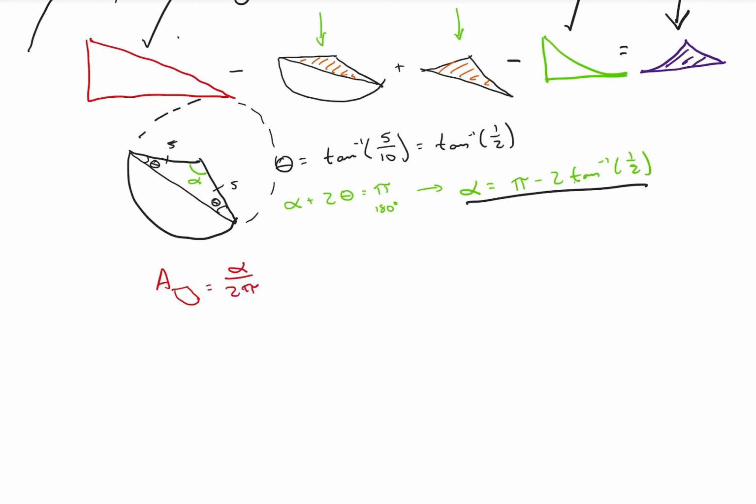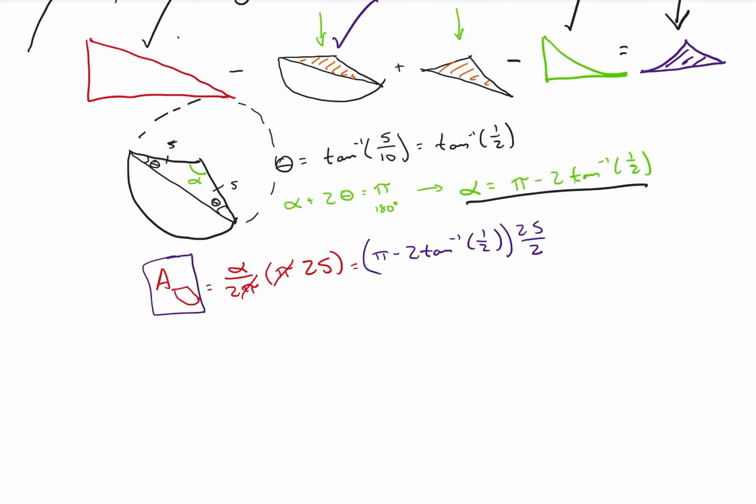So I'm basically swiping out a portion of my circle times my total circle, which is going to be pi times my radius squared, which is 25. So the area of that whole region then, my pi's are going to cancel. It's going to be pi minus 2 arctangent of 1/2 times 25 over 2. Okay, so this is going to be the area now of my little boat guy.